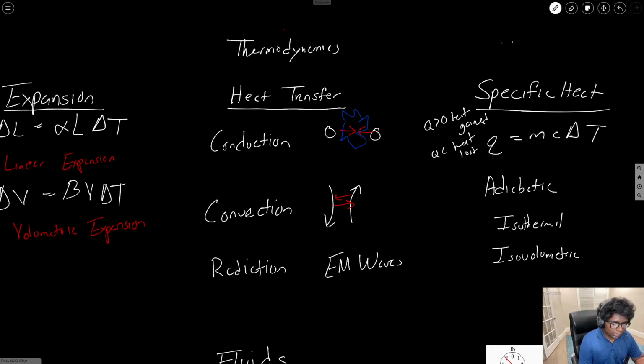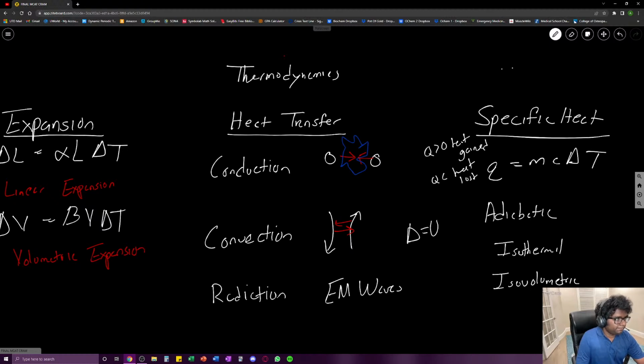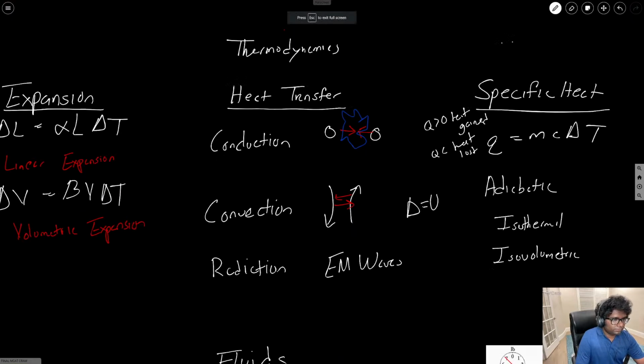I'll write the equation out too. This is what we're working with here. Delta U equals Q minus W? It is minus W, yeah.